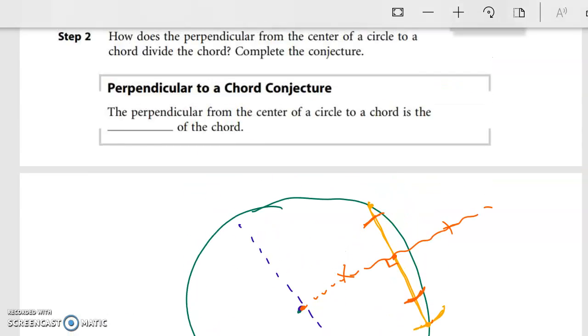So the perpendicular from the center of a circle to a chord is the perpendicular bisector. At first it was just perpendicular, and now it turns out that it's the perpendicular bisector.